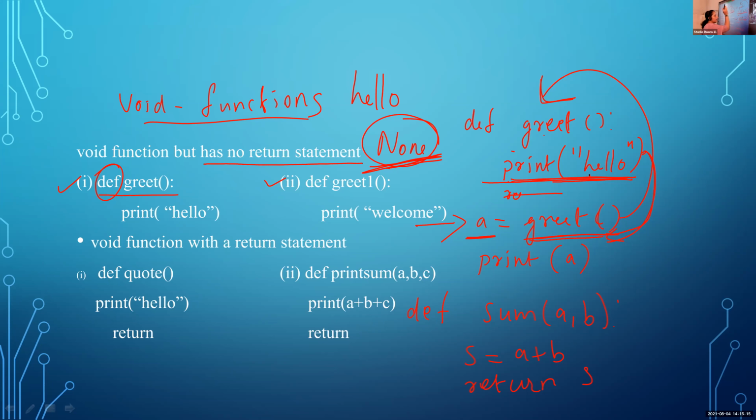This hello is printed there itself, that is, in the function definition itself. But when the control passes to the function call statement, the value passed is None. So this None is assigned to A.